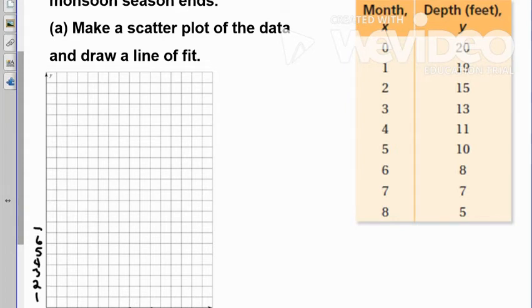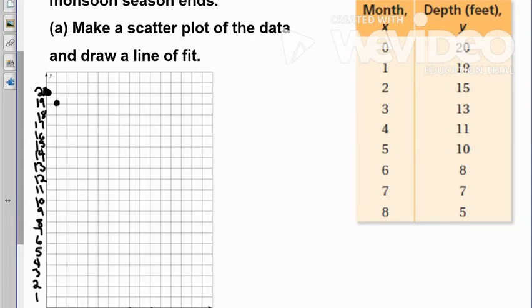So as you can see, we're putting those on there. I'm only putting increments of 1, because if you see on the Y column, the highest number we have is 20, and then it starts to decrease at small intervals. So I'm just going to increase everything up by 1s, and then along the x-axis, we're going to put 1s as well. So it's going to be 1, 2, 3, 4, all the way.